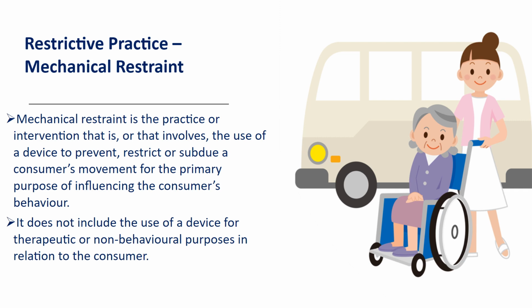So it would be things like using wrist restraints to secure the patient to the bed, which is really not appropriate, unless it's, for example, an intensive care setting where the patient may have an ET tube and you restrain them to prevent them pulling that out. But apart from that sort of setting, a mechanical restraint would really not be appropriate in most instances.